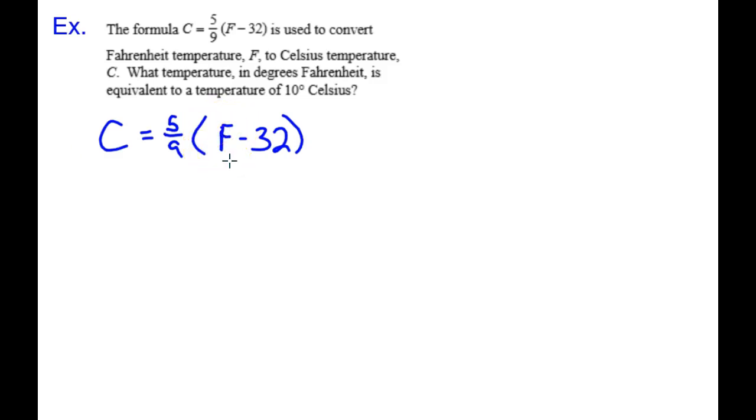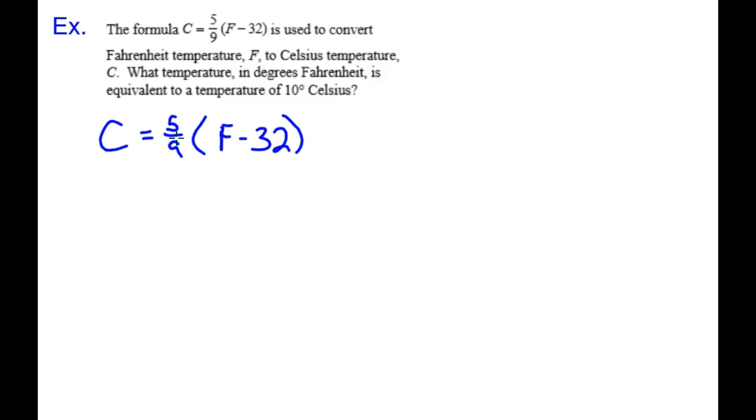Once we get F isolated by itself, then we can substitute 10 in for C. It doesn't matter. I'm going to choose to isolate F by itself first. In order to get F isolated, we have to get rid of this 5/9. We're multiplying this quantity by 5/9, so we could divide by 5/9, the inverse operation.